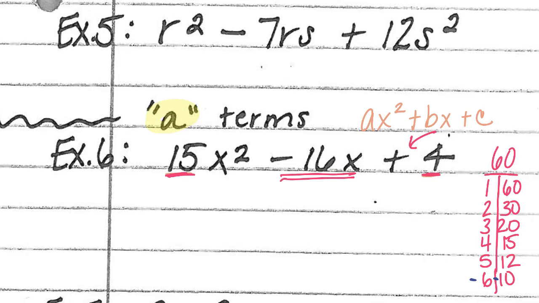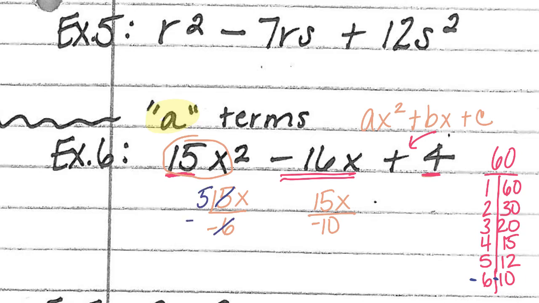So this is kind of the weird part, because we put it in fractions only in ways so we could reduce. So I'm going to take this first term without the x squared, and I'm going to take 15x and put it over negative 6. And then I'm going to take 15x and put it over negative 10. Now, I'm going to reduce these. Well, 15, we can reduce that by 3.